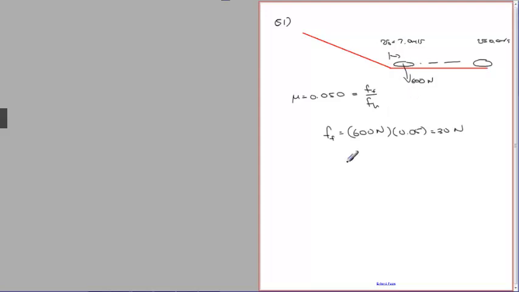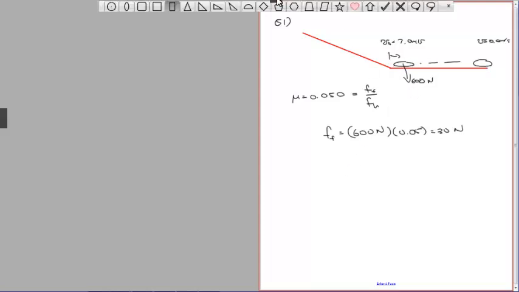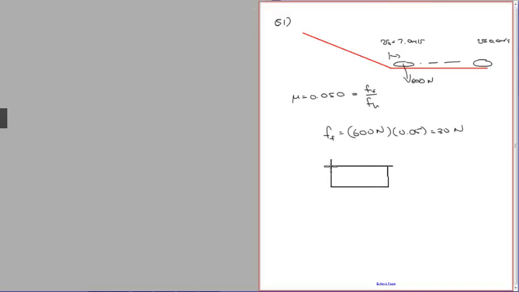So basically what we have is a friction force pushing this way, and we have momentum going this way. So there's a mass associated with this. And let's draw the friction force. And so what we have is a mass.